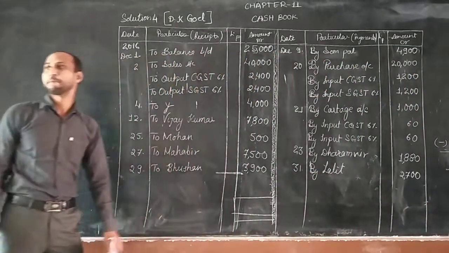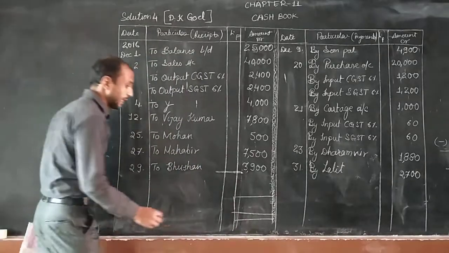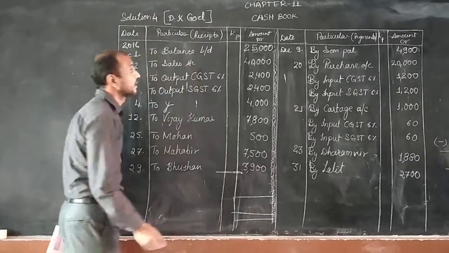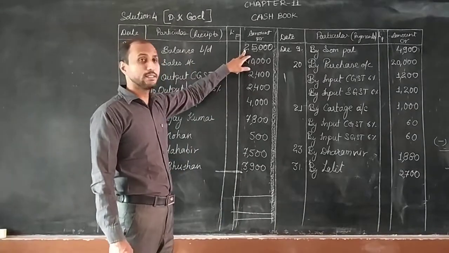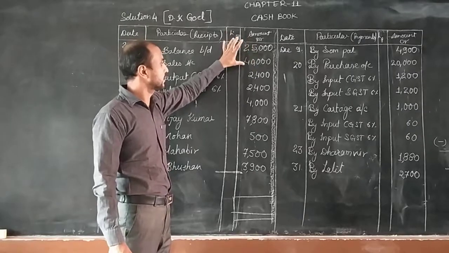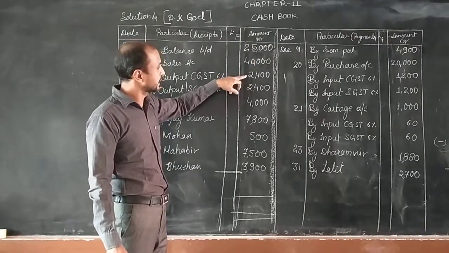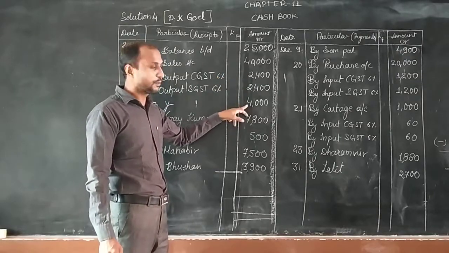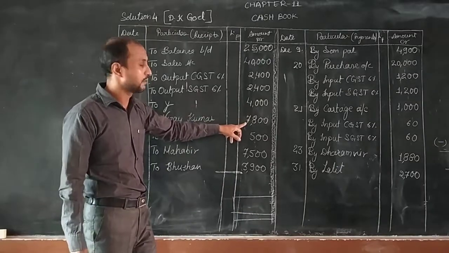Calculator this side. 19,000? What is this? 40 plus 20, 65 is already here. 65, now 65 plus 4, 69. 69 plus 4, 73. 73 plus 7, 80.